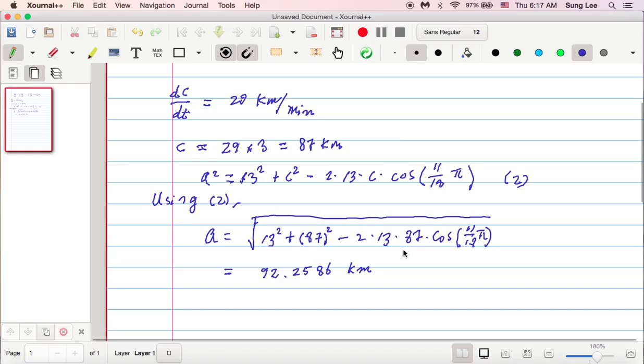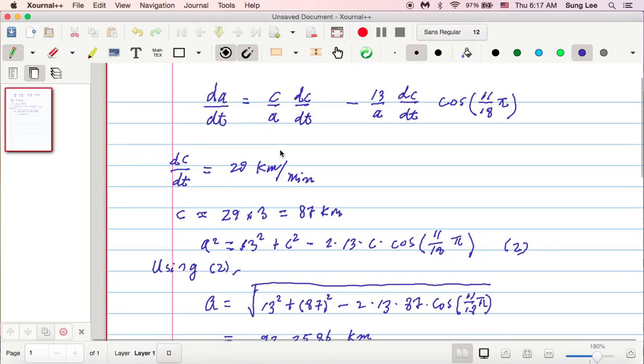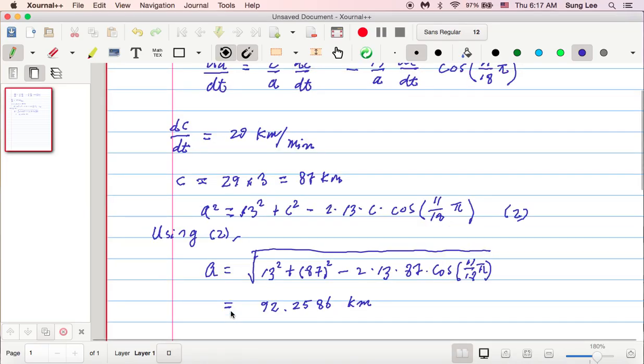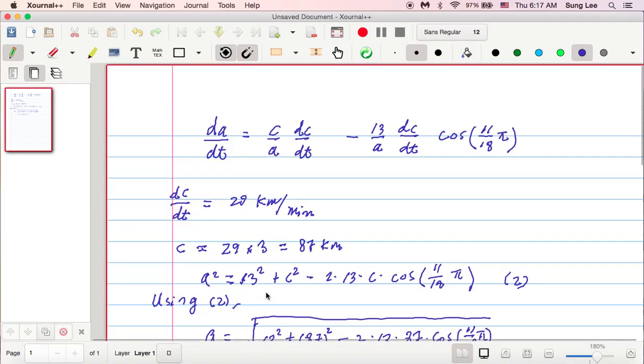So we found all the values we needed. Putting all those values back into dA dt, we have a C value, we know A, and we just calculated dC dt.